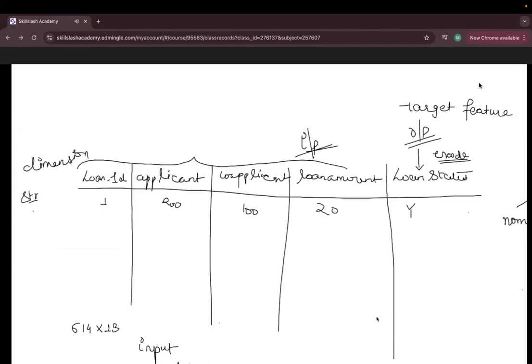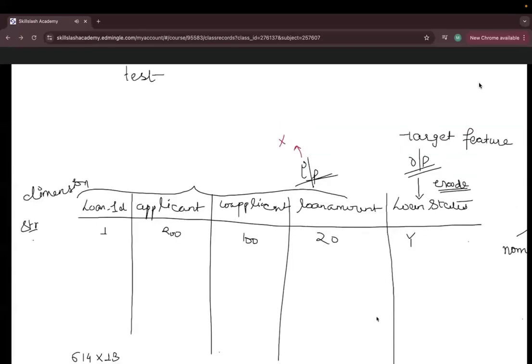Let me denote that with X and Y. Consider this is your X. All the input features are X, and one output feature is going to be Y. You can have multiple input features, but only one target feature which we are trying to achieve.